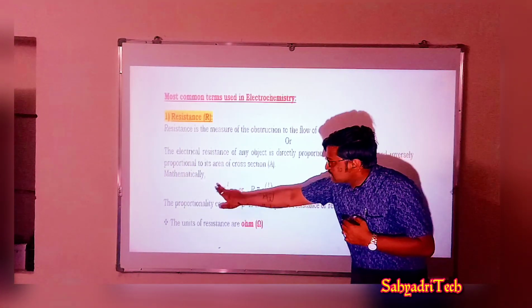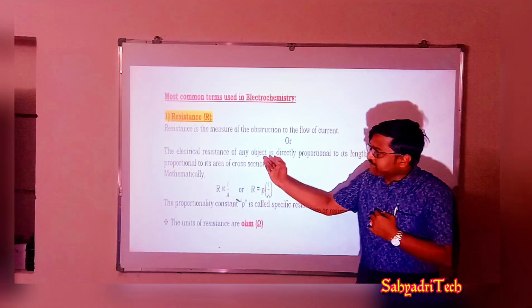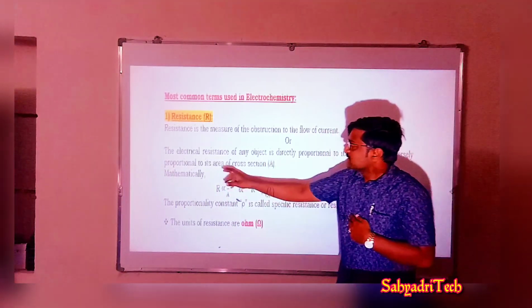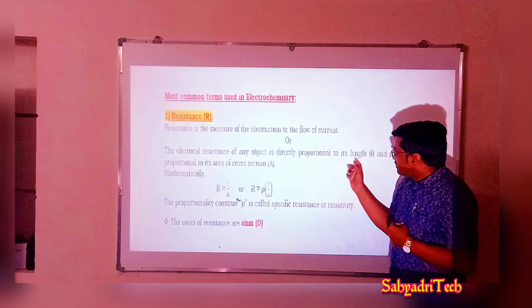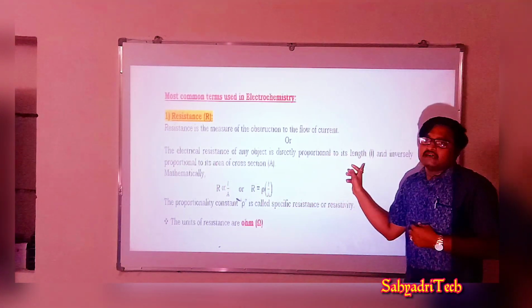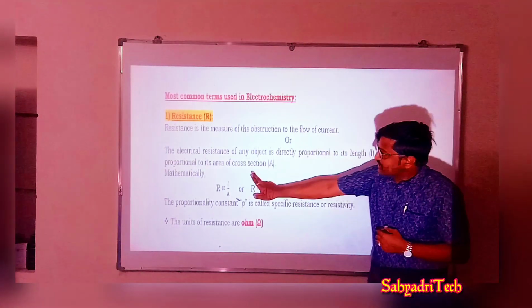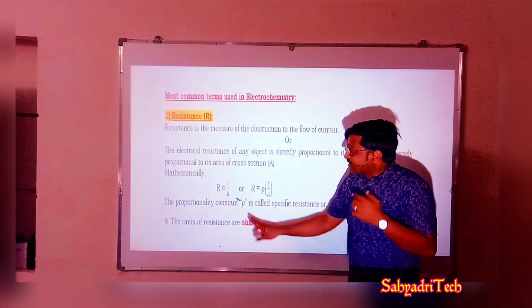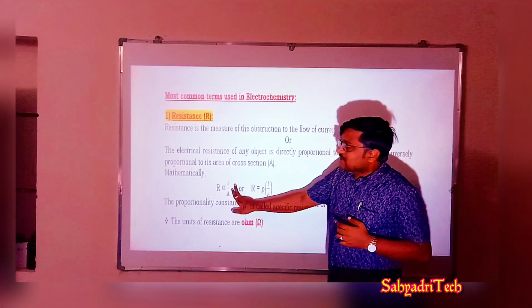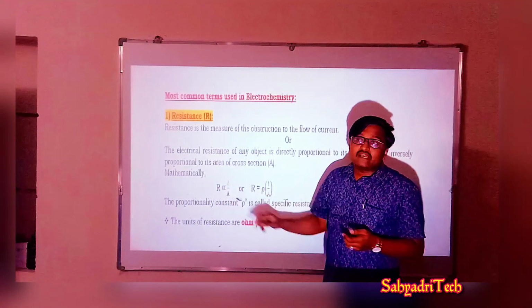This relation is taken as a definition: the electrical resistance of any object is directly proportional to its length and inversely proportional to its area of cross section. So one can think, how are resistance and length of a conductor related?